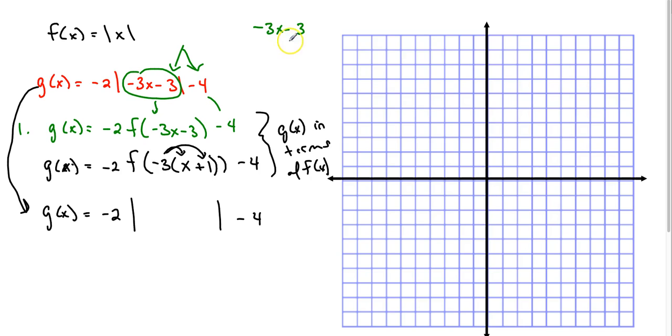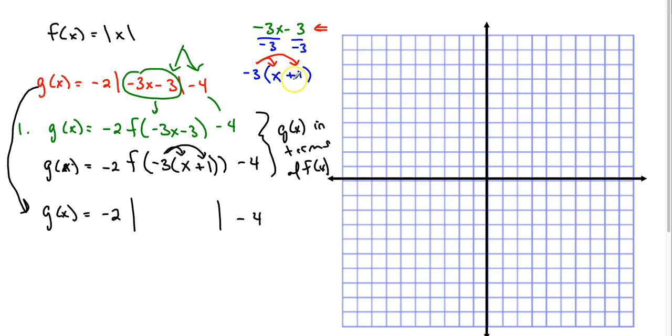Remember, when you factor out, it's like I'm dividing both of these terms by -3. I'm going to take the -3 on the outside, and in parentheses, what's -3 divided by -3? X. And what's -3 divided by -3 here? Plus 1. Double check. I need to get back to this form here. What's -3 times x? What's -3 times +1?